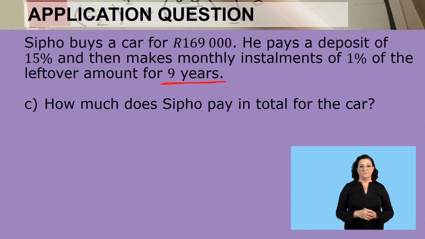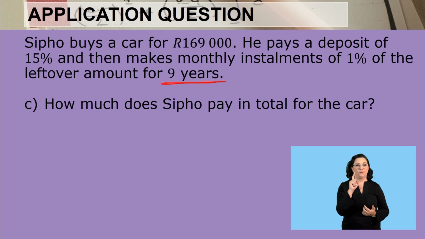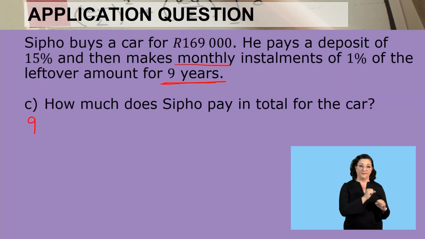Now, one question we need to ask is, because installments are monthly, how many months do we have in each year? That's correct. We have 12 months in each year. So step number 1, 9 years multiply by 12 months. And what do you get?